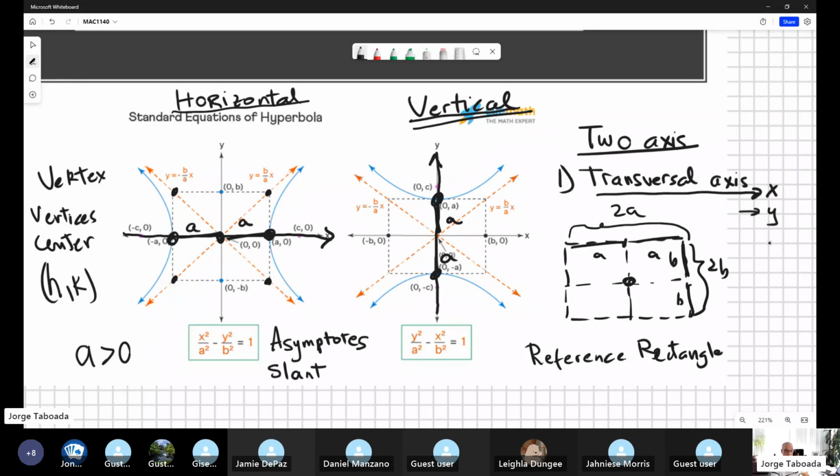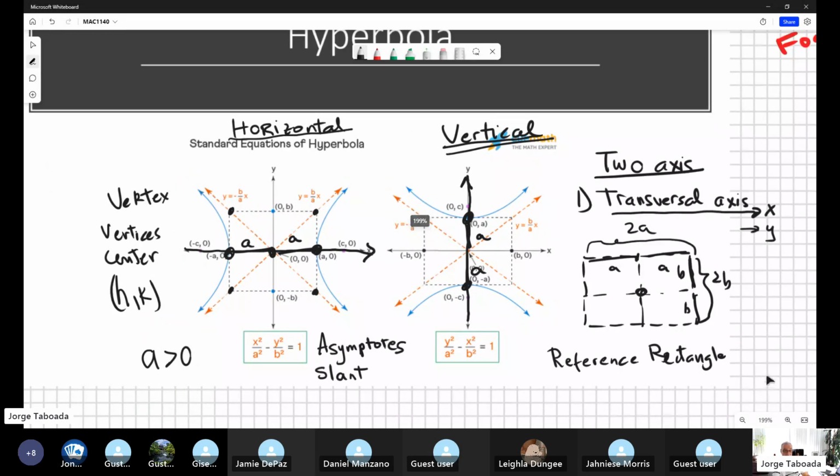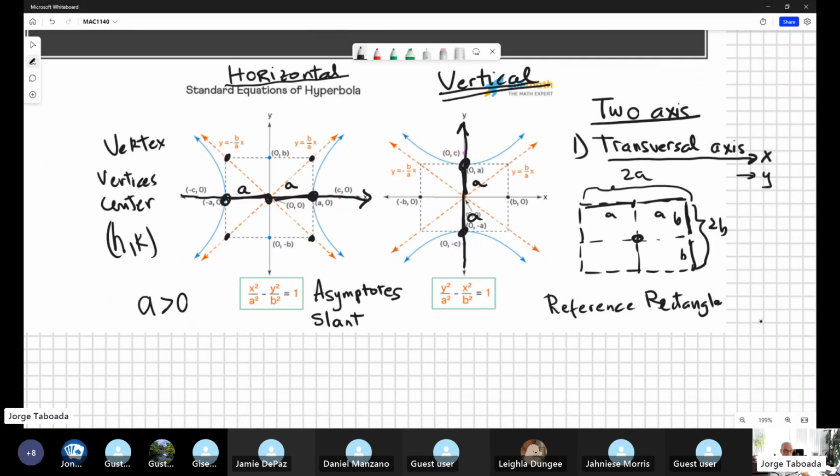The formula to determine the asymptote equation, which is a line, is y equals plus or minus b over a times x, because b over a represents the slope. Look at that. This is a, this is b, and b over a is similar to rise over run, and this is x.